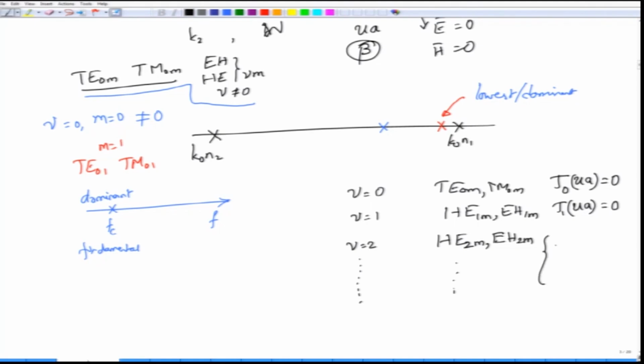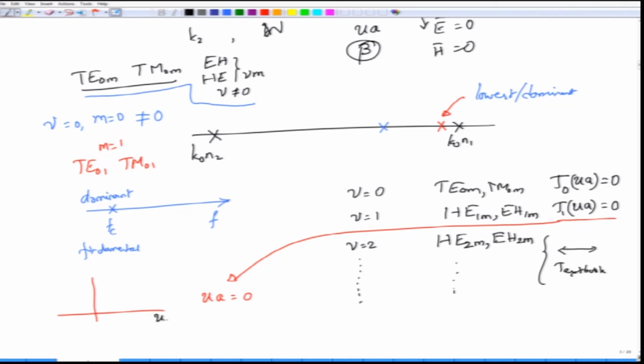The root for this equation is slightly complicated. This is given in the textbook, so let me not write this particular case. For nu equal to 2 and nu equal to 3, the equation is a little complex; you can look at the textbook for the expression. But what you have to understand here is to look at the values of u. When nu is equal to 1, the cutoff condition is J1(UA) equal to 0, and where will J1(UA) go to its first 0? Right at UA equal to 0, because the J1 function as a function of the argument UA goes like this.